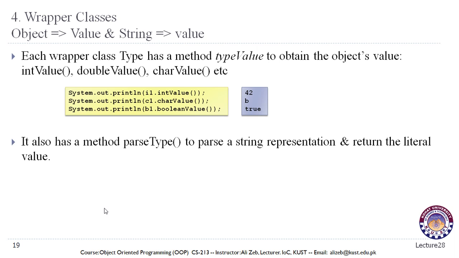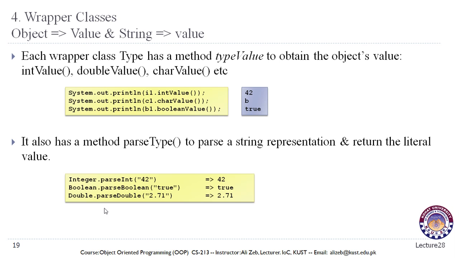It also has a method parseType to parse a string representation and return the literal value. So we can return the literal value of our object by using the parseType method. Integer.parseInt will return the integer value of whatever string we have passed over here.